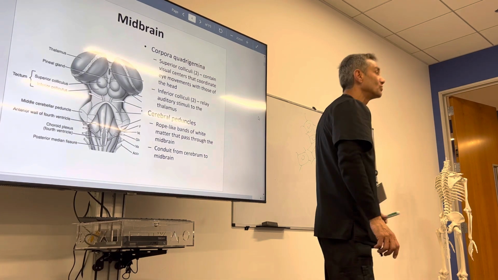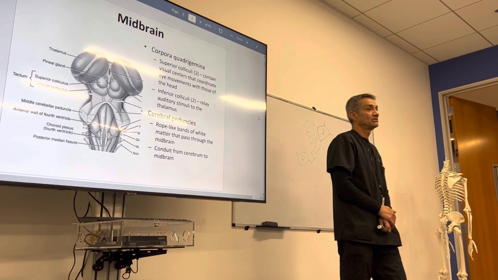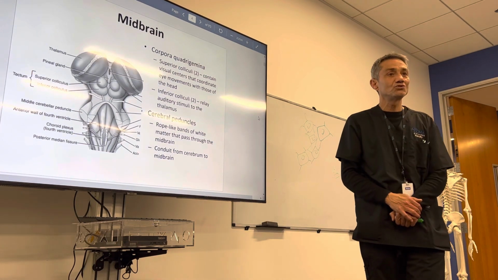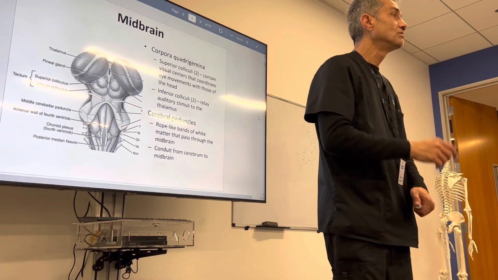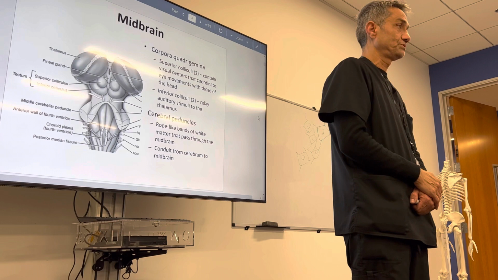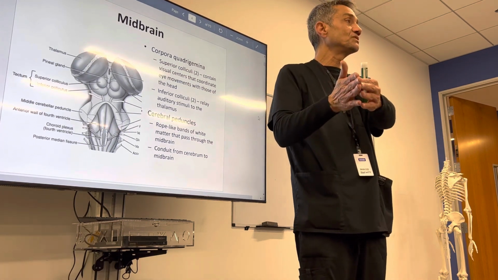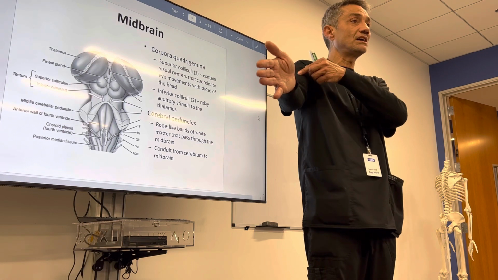So basically all those nuclei are what? Bus stations. Imagine yourself taking the bus from here to San Diego. The bus has what? Stations. Stops. That's the same. The opposite way is the sensory stimulus that comes from outside.